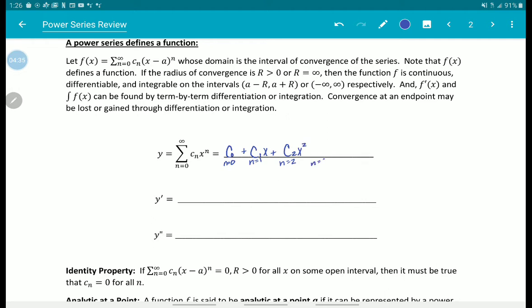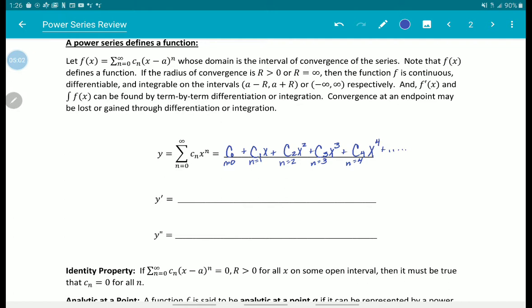If we substitute in 3, c3 x cubed. And I'm just going to go one more. You want to have enough terms so you can see patterns. Rewriting things in terms of an infinite series, usually you're looking for what kind of patterns you see from term to term, and then how you can write that concisely in summation notation.